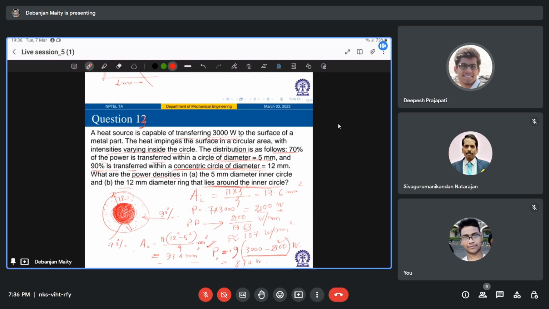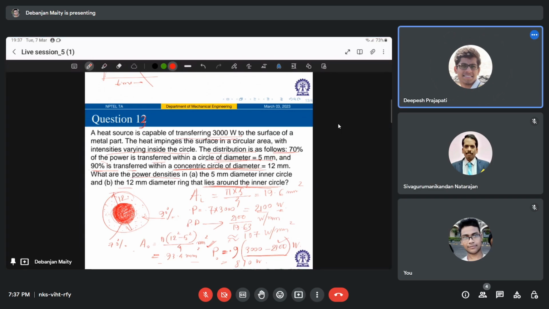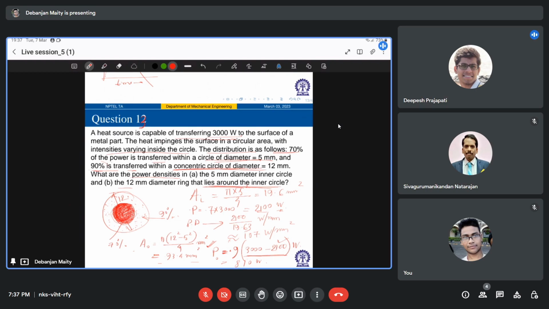The distribution is as follows: 70% of the power is transferred within a circle of, and 90%. Okay, if we are doing it that way, how much is this coming? 600. Okay, this is much smaller. Maybe in the numerical, this is not that clear.